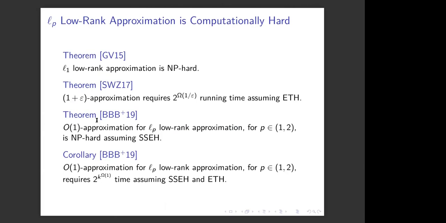And in this recent paper on PTASs for L1 and Lp low rank approximation, it was shown that for Lp low rank approximation, for p between 1 and 2, exponential time in k is also required. And this p can be arbitrarily close to 1 here, so this can even be taken as evidence that L1 low rank approximation requires that much time.